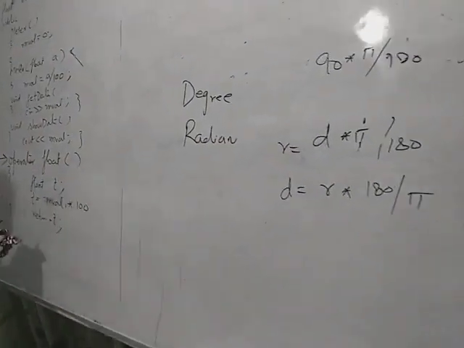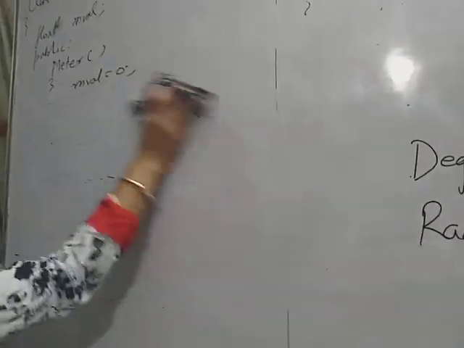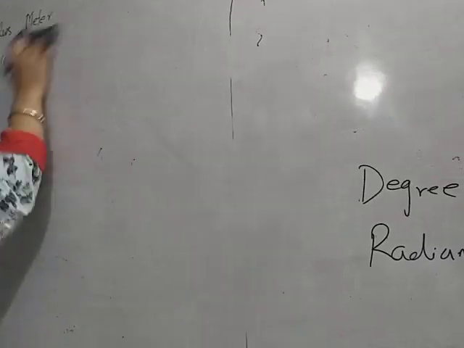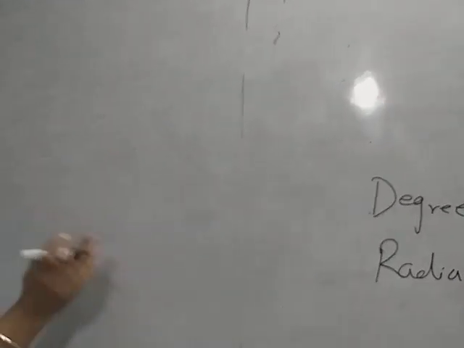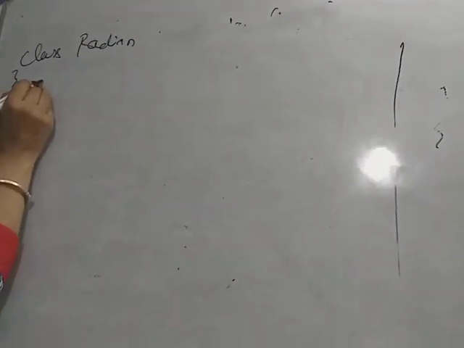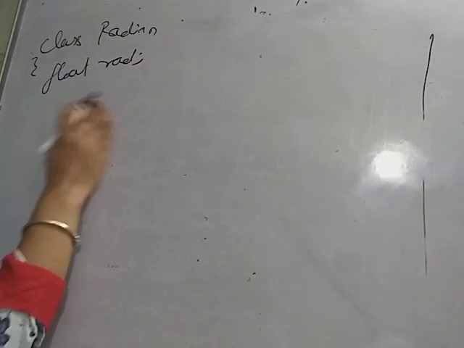Okay, so here my aim is to show how to convert an object of one class into another. First I am writing the radian class. So class radian, and it is taking one data member, float radian.